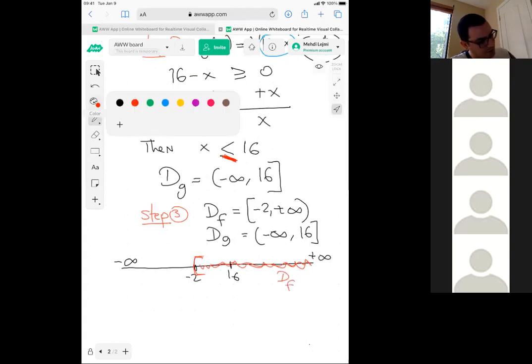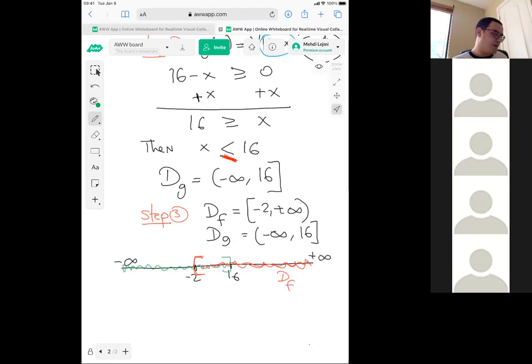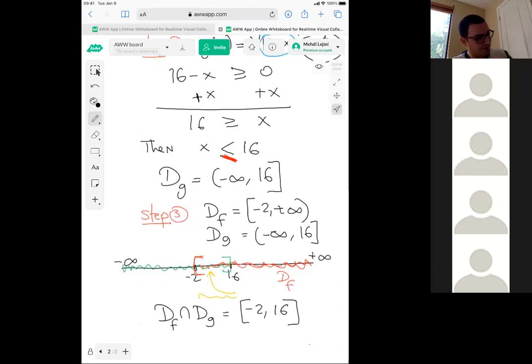And then domain of G is negative infinity to positive 16. So it's kind of similar to the example we had. So then the intersection domain would be this one here. That will be my intersection or common domain. All right, so the domain of f intersected with the domain of G is -2, 16, and both are included, right?